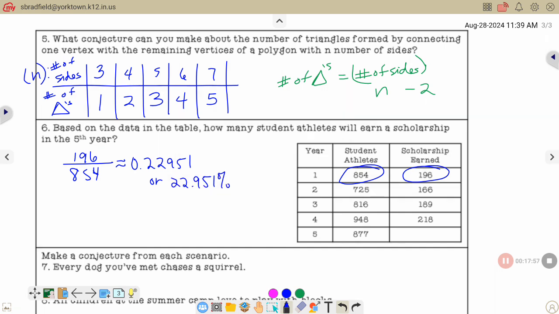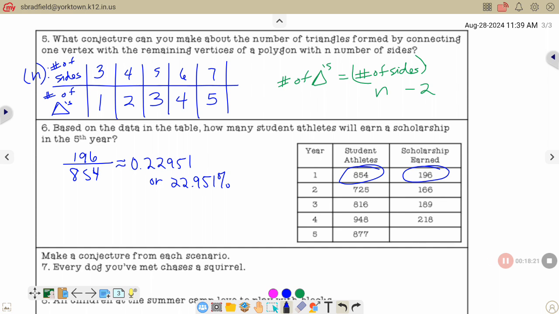Okay. I'm just making a percentage. I divided it and converted that to a decimal, but it comes out to a lot of places, so I just rounded. When we're applying a decimal or a percentage, we want to go out several places. The more place values we go out, the more accurate our answer will be. That's why I did that. Okay? But it's roughly 23%, yes? If we were to really round.